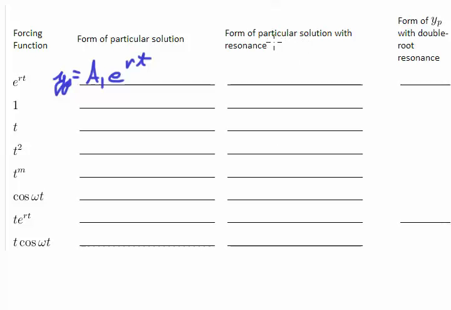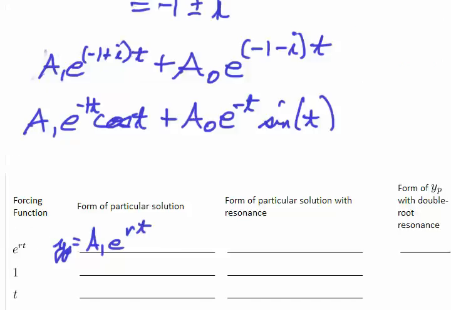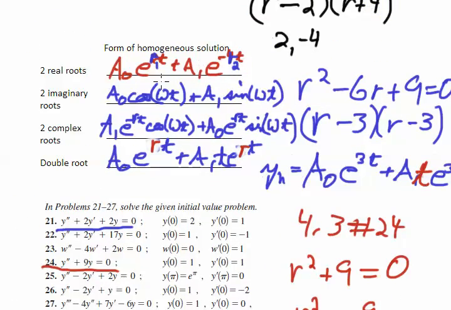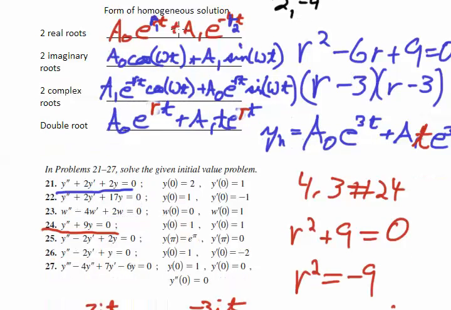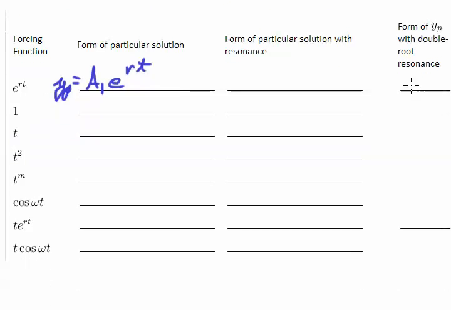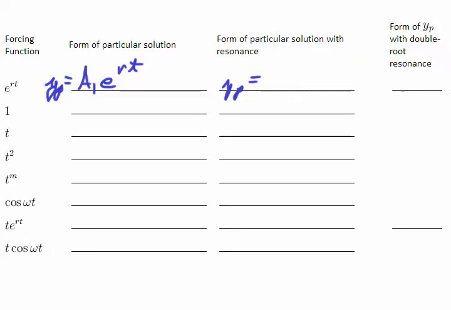If we've got resonance, that means that your homogeneous solution up here, if either of the real roots r matches the r here, then we would need to have y sub p equals a t e to the rt.